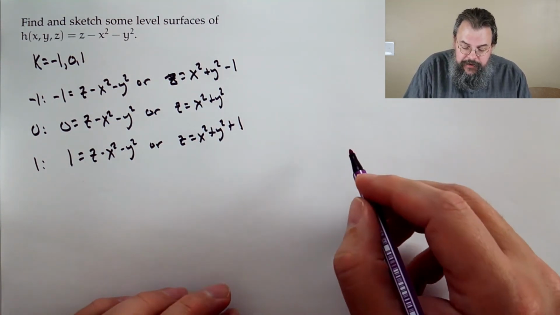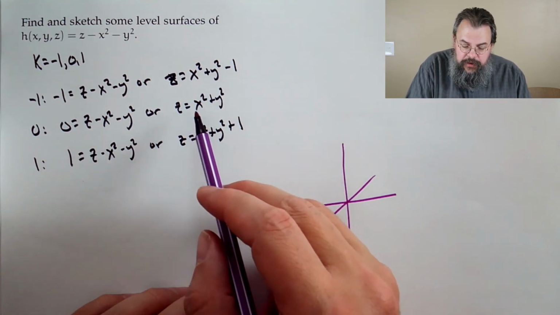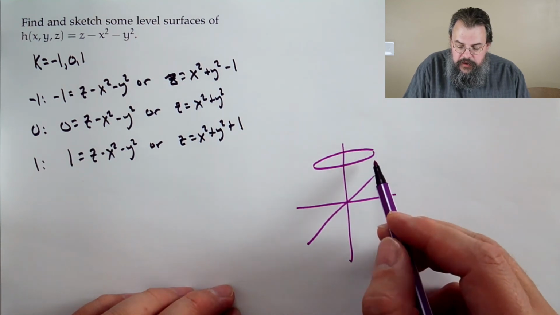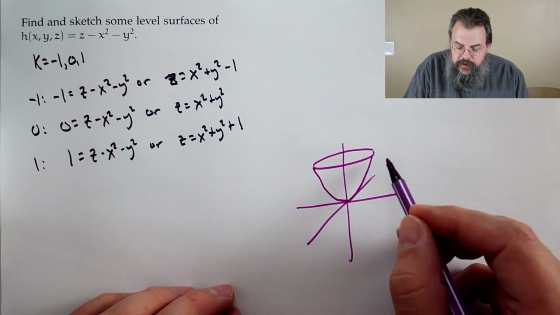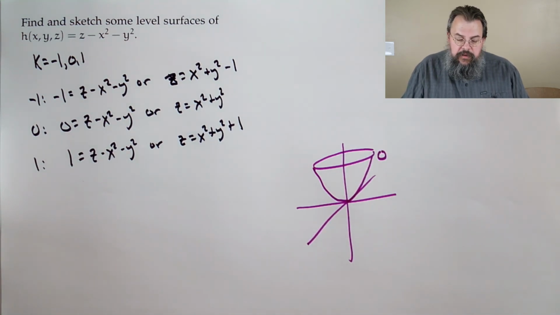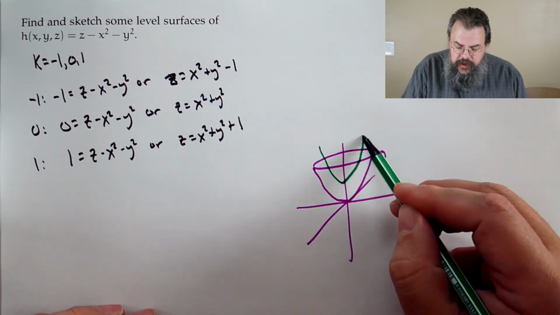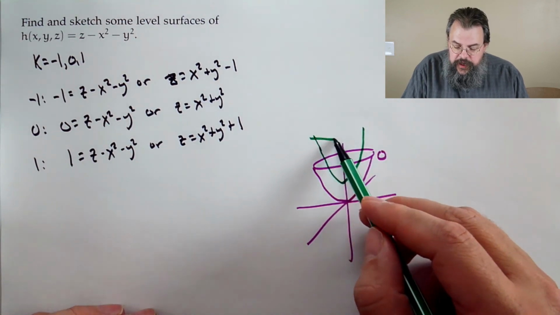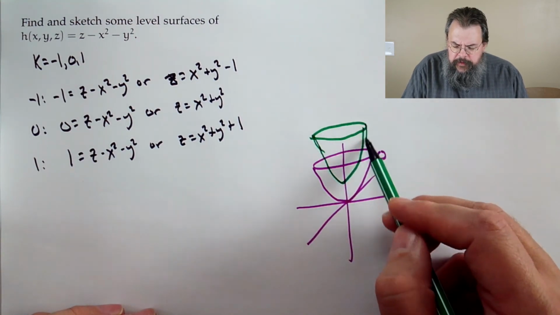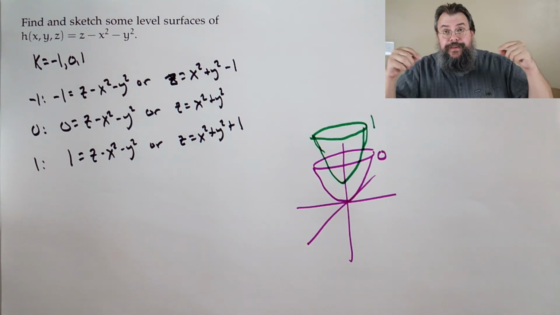So what we have is the following. So if here's our grid, z equals x squared plus y squared is a bowl. So this would correspond to 0. And now z equals x squared plus y squared plus 1. Now that's a bowl that's shifted up. But you just move it straight up by 1. All right, good. And one more, the -1, well, that's a shift down.